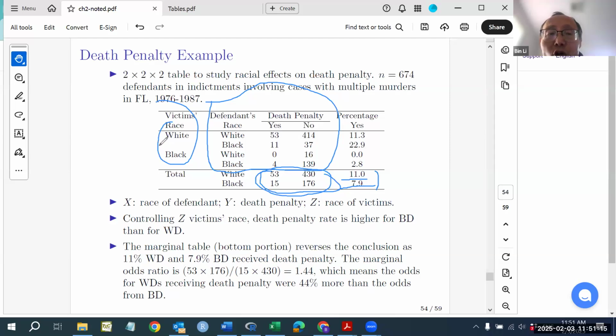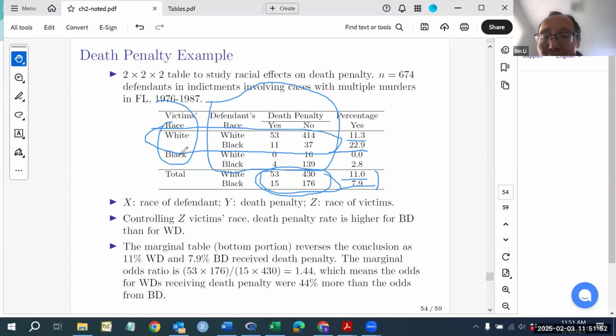But now we condition on the victim's race. Let's say the victims are white. Then look at the tables. You can see the percentage of getting the death penalty for the white defendant is 11.3%, while the black is 22.9%. So which one has a higher death penalty rate? Black defendant.